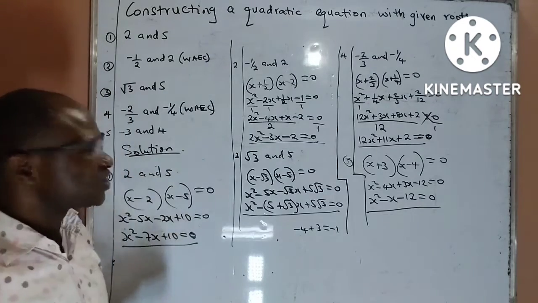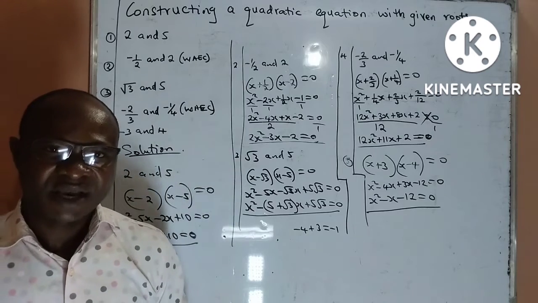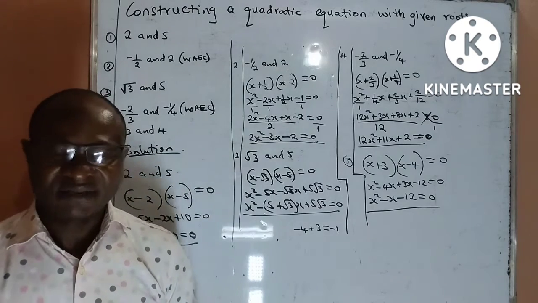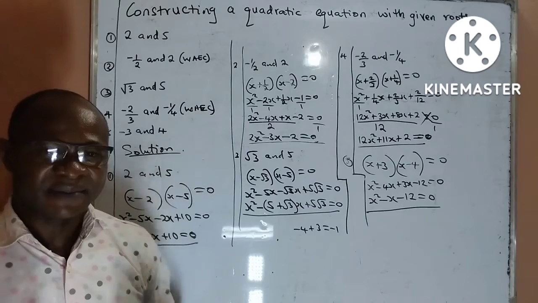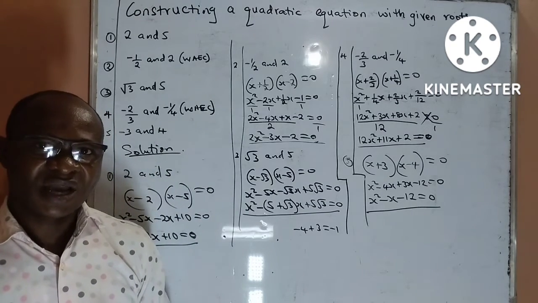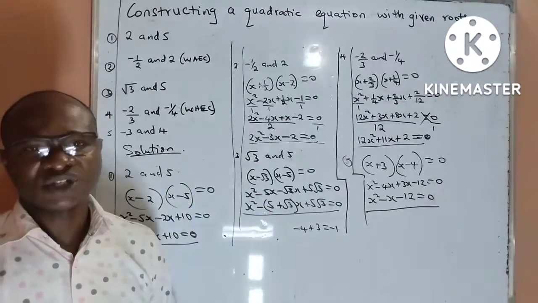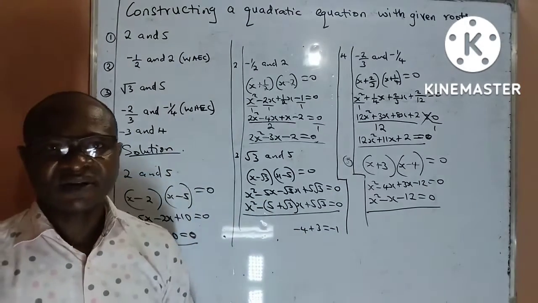Different type of exams it can come up. Be it SAT, be it IGCSE, be it WAEC NECO examination, and the other exams, constructing quadratic equation when the roots are given.